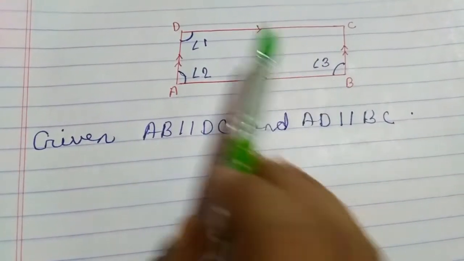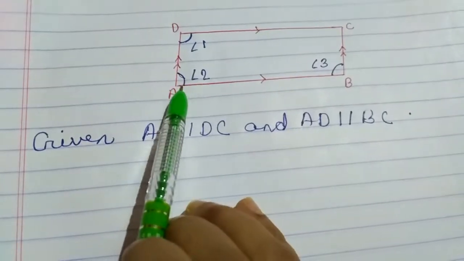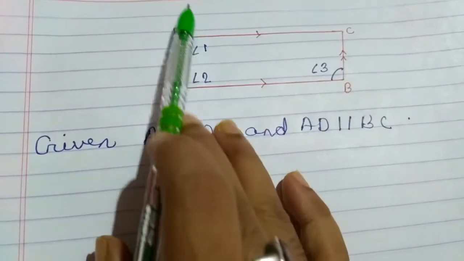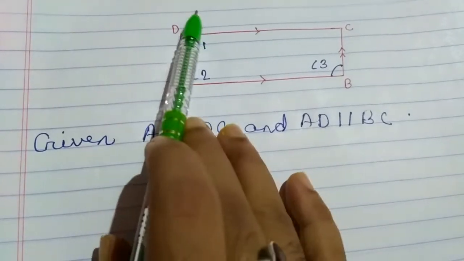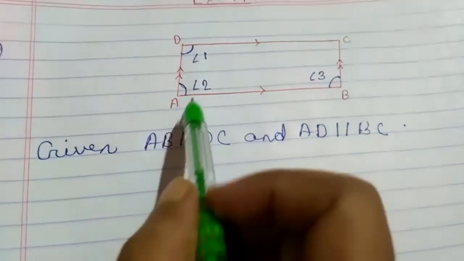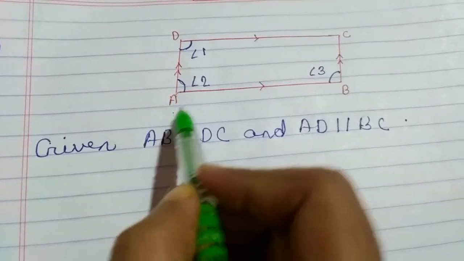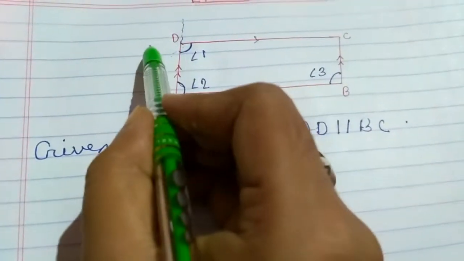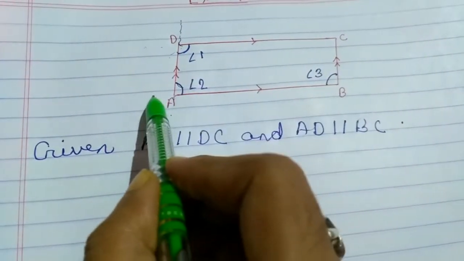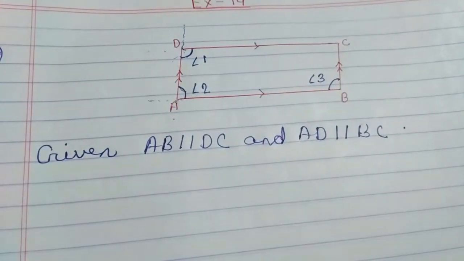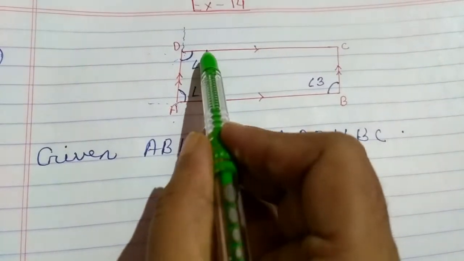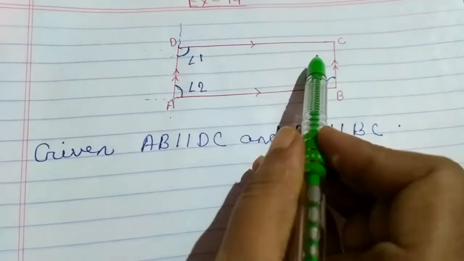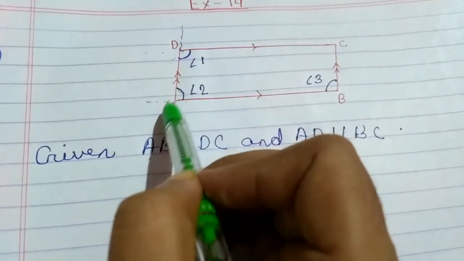So when you take AB and DC, then this line will be a transversal. If you extend it, you can see it nicely. So for these two parallel lines, AB and DC, AD will be a transversal.